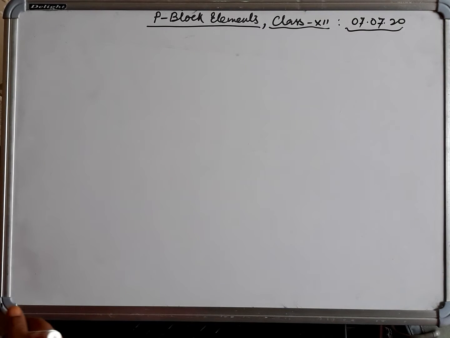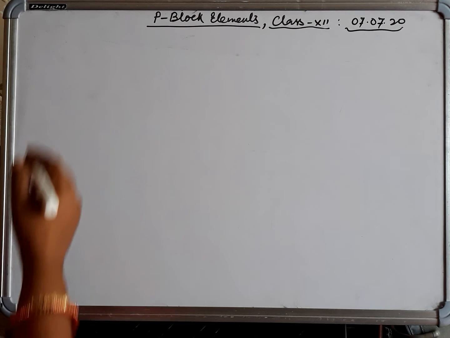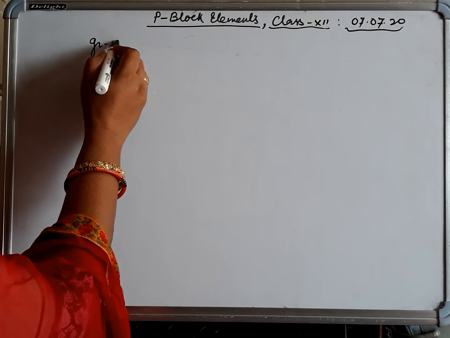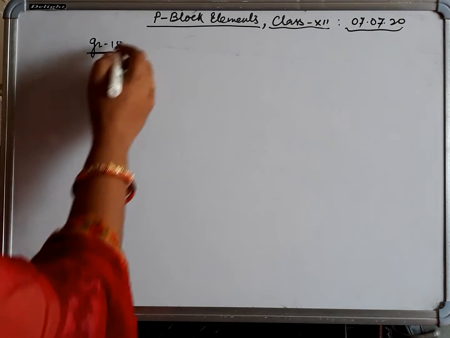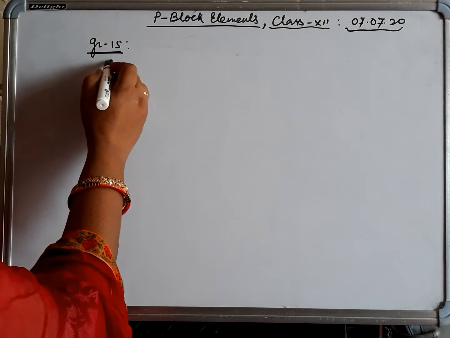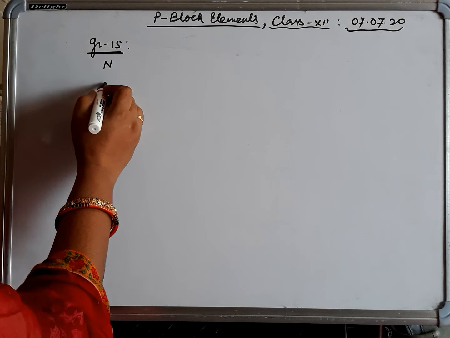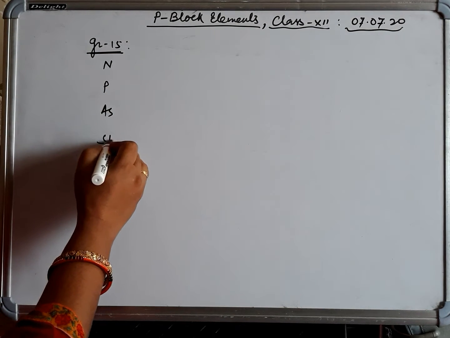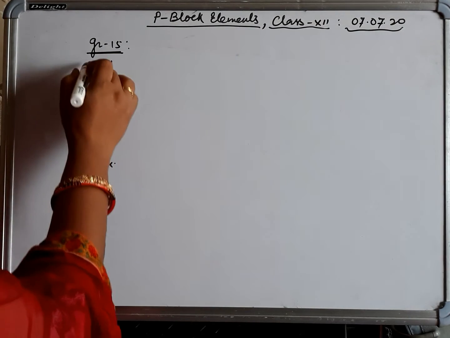Hello students, let's start our further topic in p-block elements, group 15. I first write the name of all the members present in this group: nitrogen, phosphorus, arsenic, antimony and bismuth.